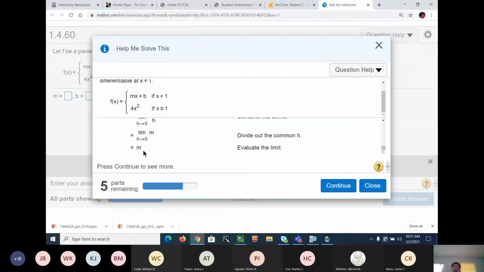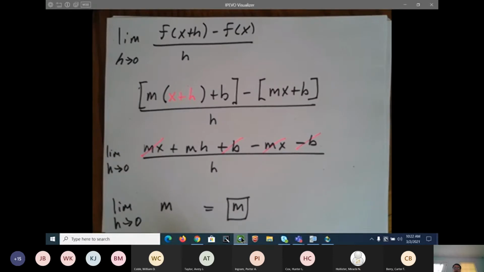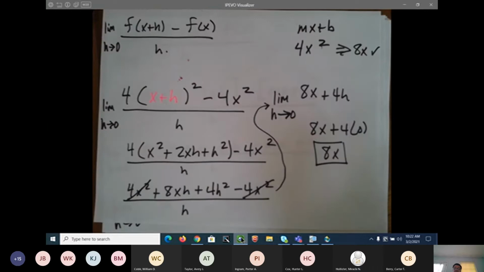There. So everybody see where we got 8x and m? Hopefully y'all see that. There is m. That's how you get m. And that's how you get 8x.